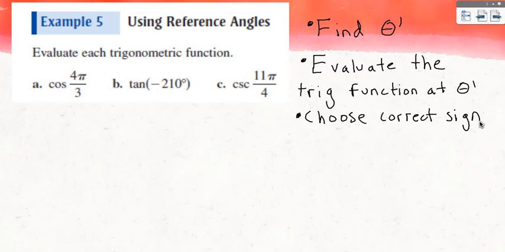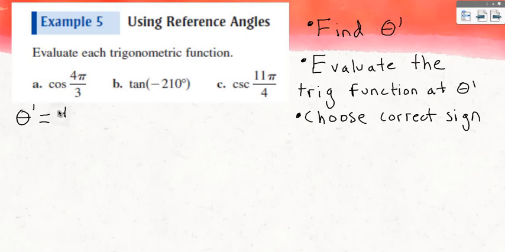I have cosine of 4 pi over 3. Now 4 pi over 3 is on our unit circle, and so if you just have it memorized and know what it is, good for you. But we can also use this technique of using the reference angle. So like I said, our first goal is to find our reference angle. Notice that 4 pi over 3 is going to be in our third quadrant, since our numerator is 1 bigger than our denominator.